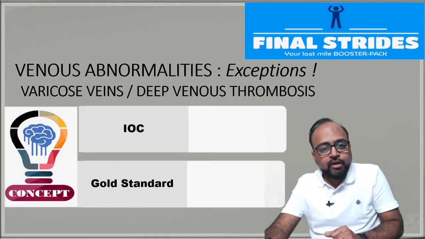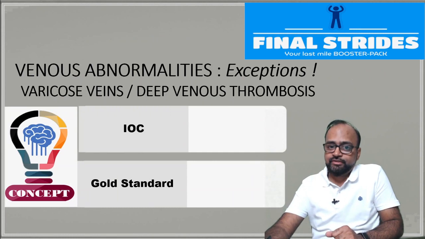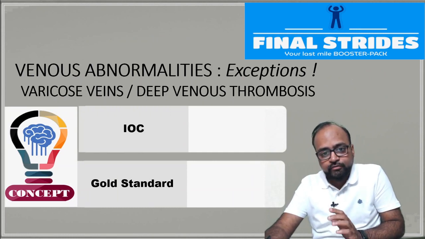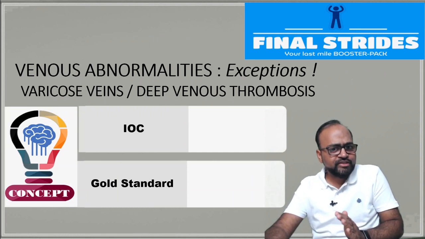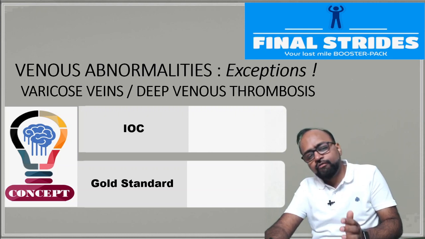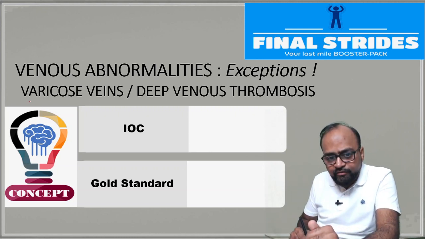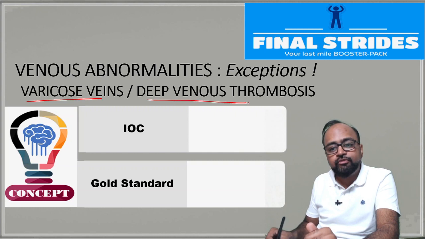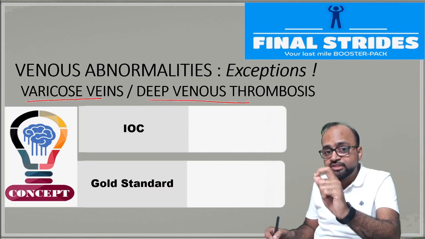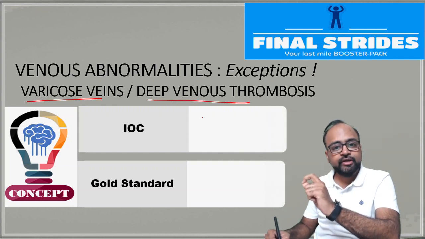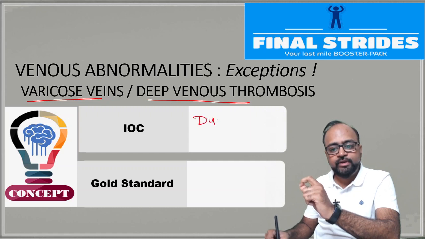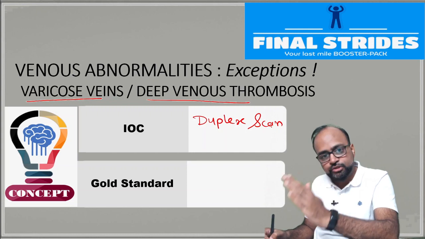Now venous abnormalities, it is an exception, right? Whatever we have seen until now, they are usually vascular arterial abnormalities. For venous abnormalities like varicose veins, say deep venous thrombosis, if they ask you investigation of choice, it will be a duplex scan, that is USG plus Doppler.